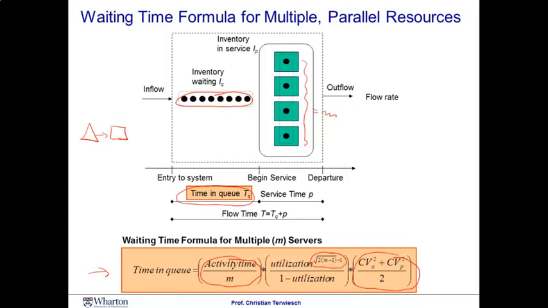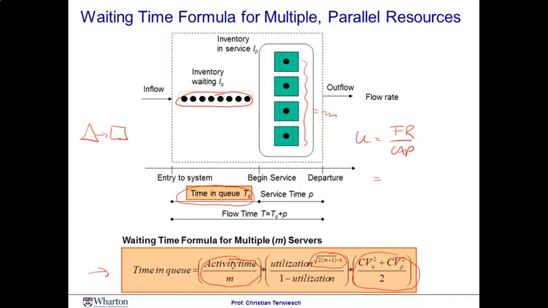Now, as we're applying this formula, keep in mind that the utilization all throughout remained the flow rate divided by the capacity. Remember further that in all of our discussion around variability, we assumed that the flow rate was constrained by demand. Again, if you have a demand that exceeds the capacity, waiting is not driven by variability, but is just driven by insufficient capacity.